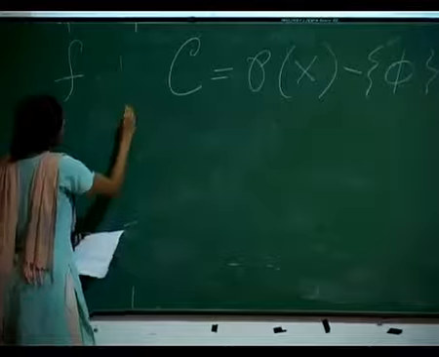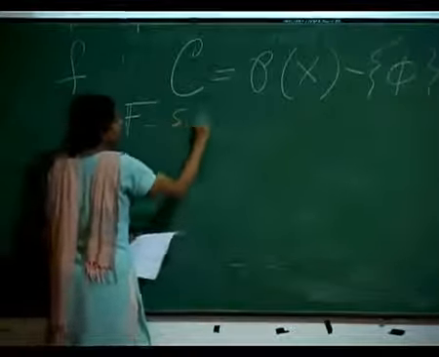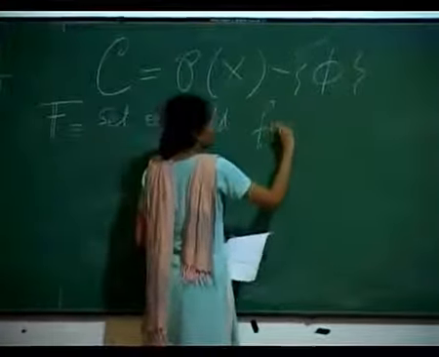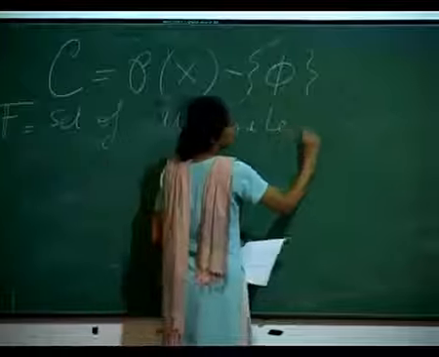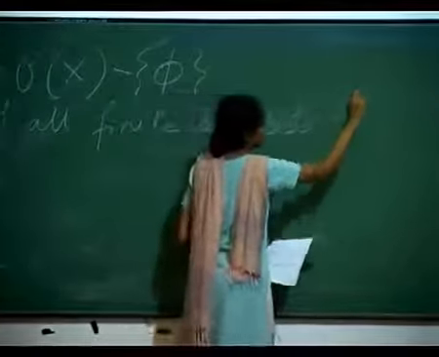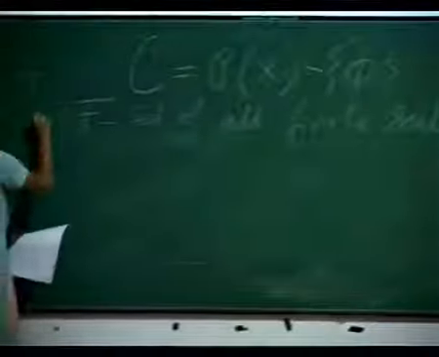Now, call 𝓕 the set of all finite subsets of X. So in particular, the empty set is here.